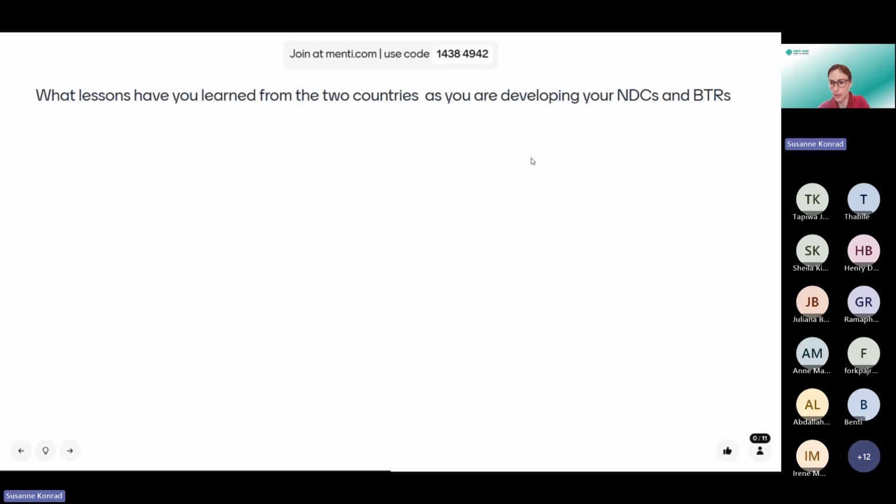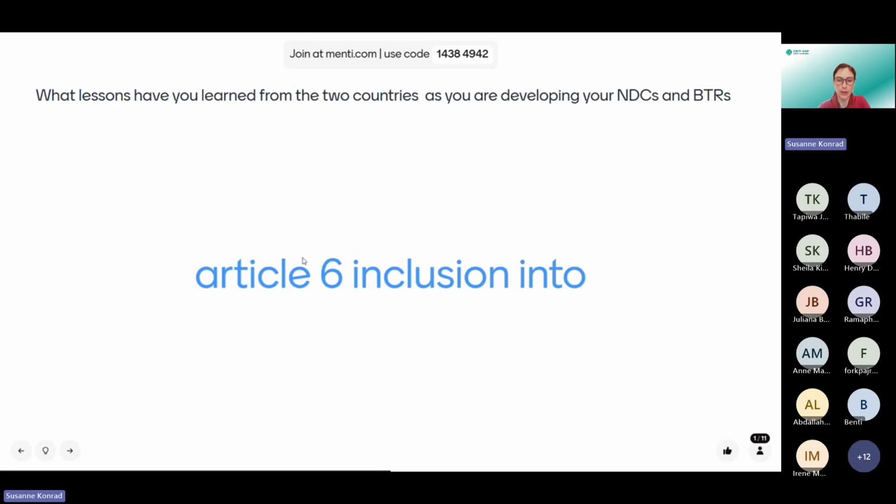Thank you so much for this, colleagues. You can type any learnings. Article 6 inclusion, that's really interesting from the Ghana case. I think it's probably also interesting for more and more countries to embark on the Article 6 journey in accounting.